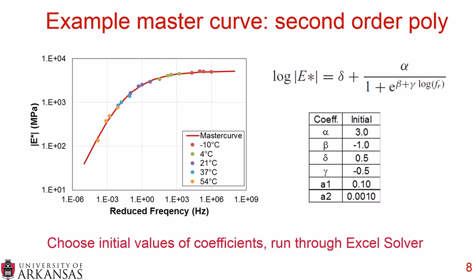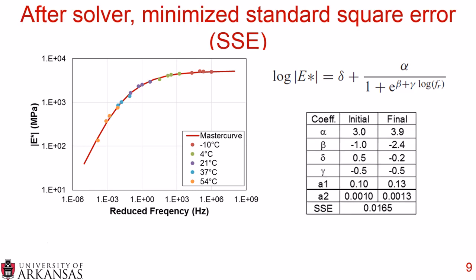And what we do is we choose these initial values of coefficients and then we run through Excel Solver. And what we do with Excel Solver is we try to minimize the difference between that fitted line and what are called the isotherms. And those isotherms are the original data. So looking at the same graph, after we run it through Excel Solver, we get our final coefficients.